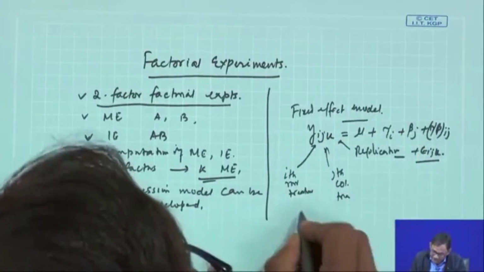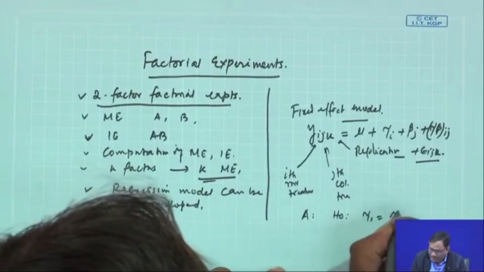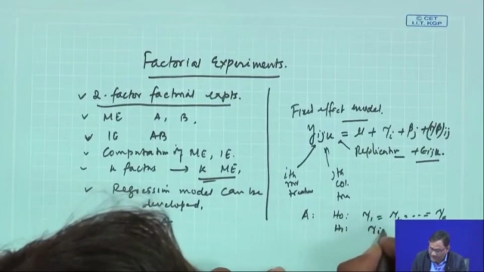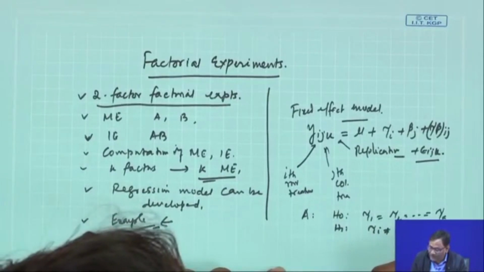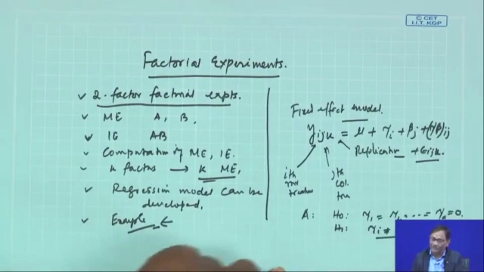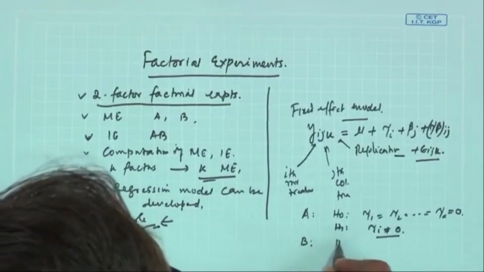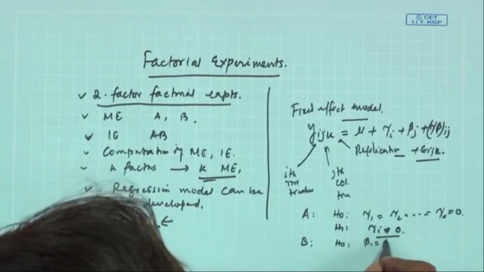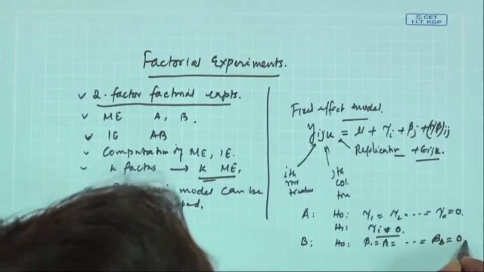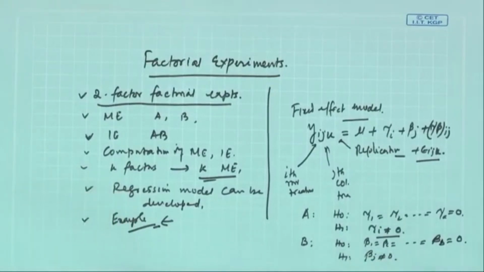We set hypotheses with reference to A. H0: tau 1 equals tau 2 equals ... equals tau a equals 0, and H1: tau_i not equal to 0 for at least one i. Similarly, for B, H0: beta 1 equals beta 2 equals ... equals beta b equals 0, and H1: beta_j not equal to 0 for at least one j.